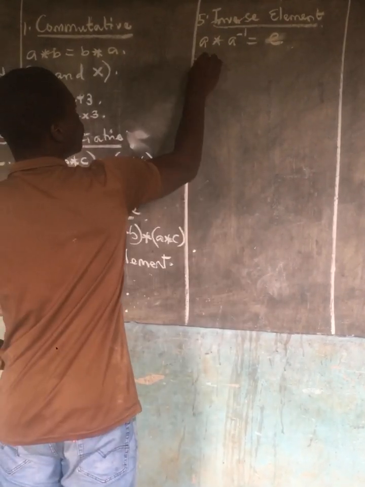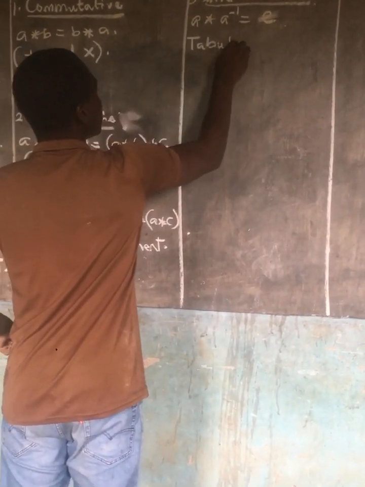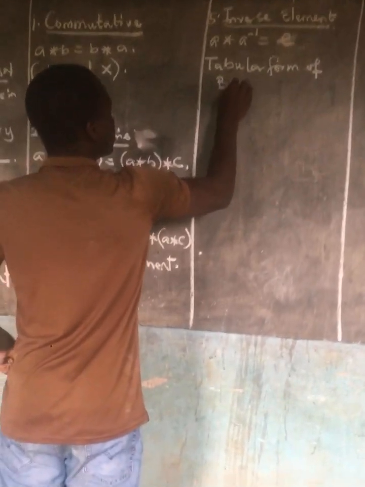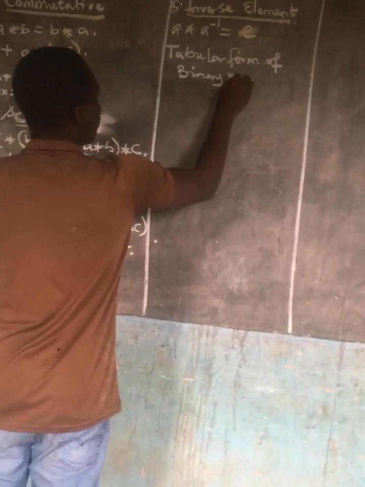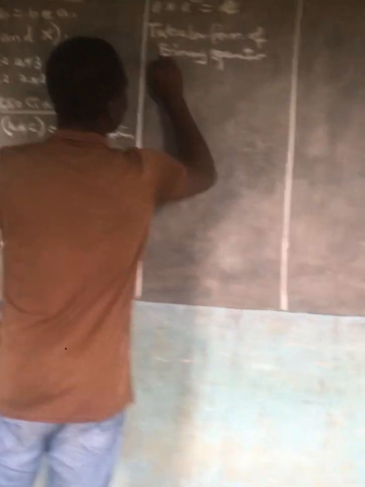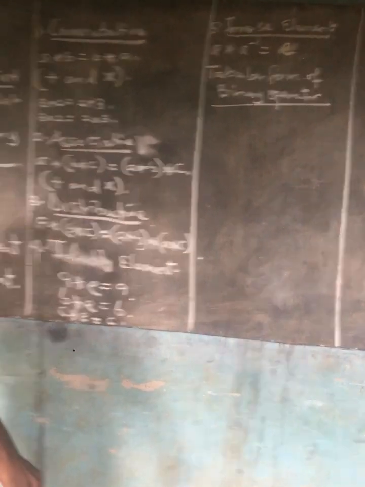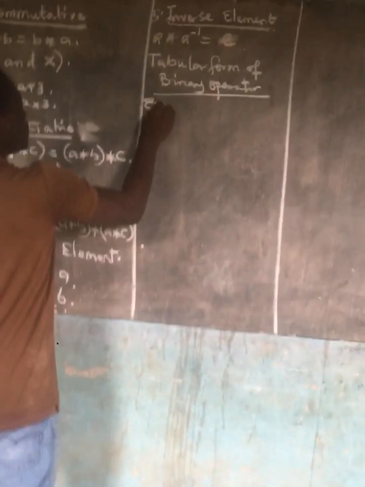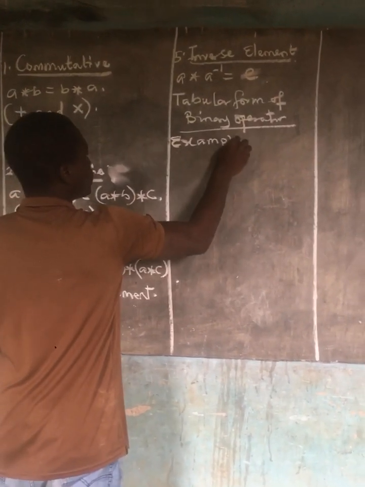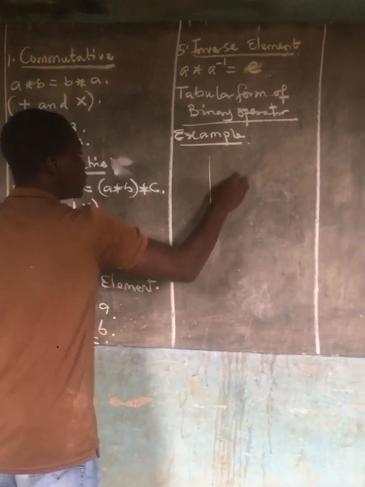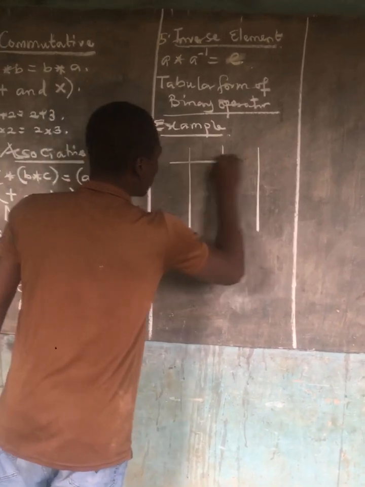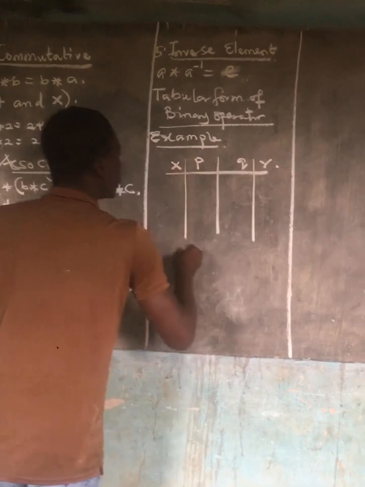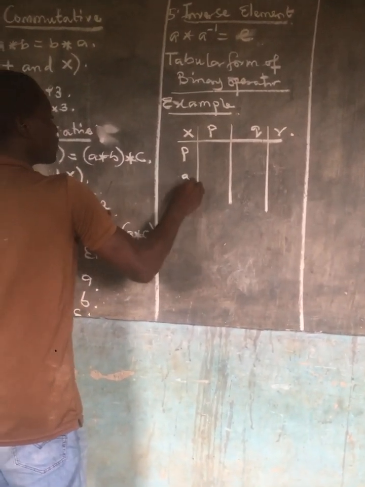Now let me go to tabular form of binary operation. Tabular form of binary operation. Like we have this example. If I have something like this, P, Q, R across the top and P, Q, R down the side.